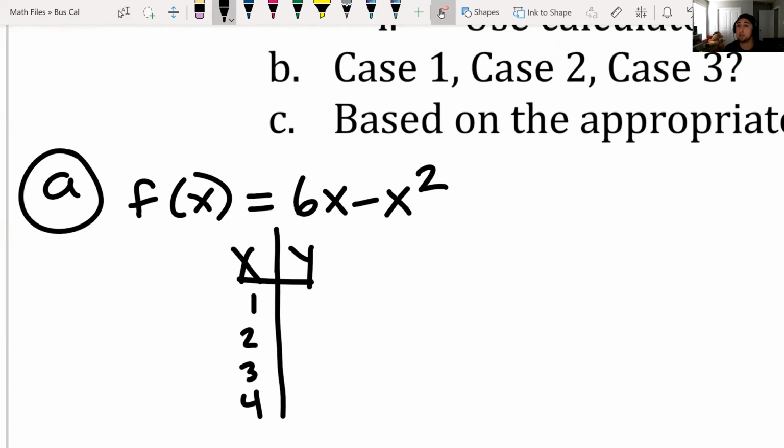Now take all these numbers and plug them into the function above. Six x minus x squared. 1 is going to give me 5. 2 gives me 8. 3 gives me 9. 4 gives me 8. Okay, so there's f of x.